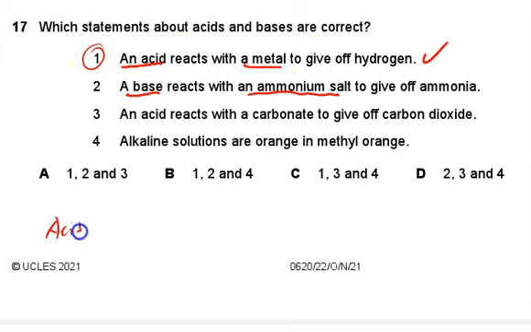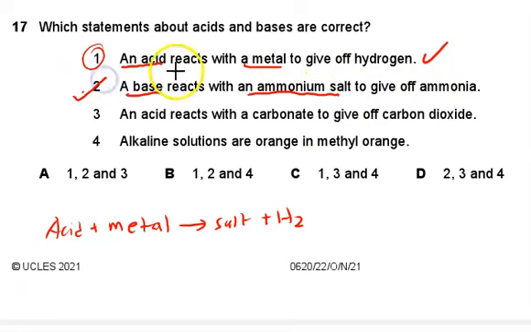So here we will have acid plus metal, you will have the salt plus releasing hydrogen. A base reacts with an ammonium salt to give off ammonia. Yes, this is correct. And acid reacts with a carbonate to give off carbon dioxide. Yes, it is correct.